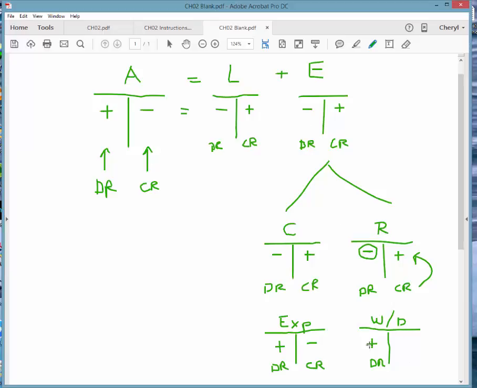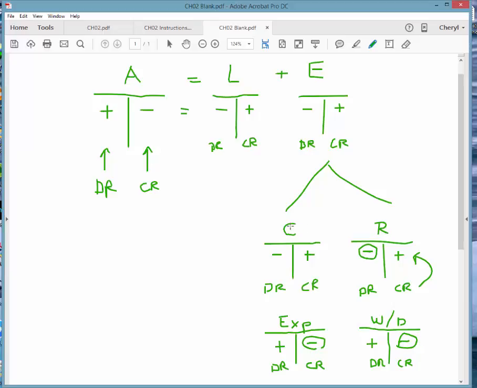Okay? So if the plus side increases withdrawals on the debit side, that means the minus side, the right side, will make our withdrawals go down lower. And again, just like revenue and also like expenses, you won't see these happen until chapter 4.